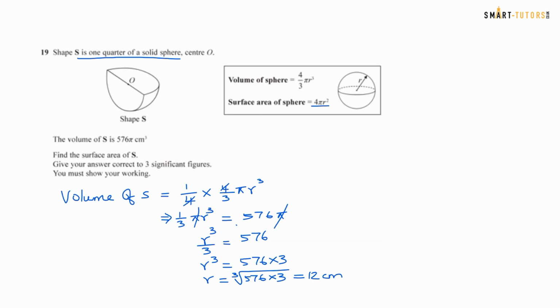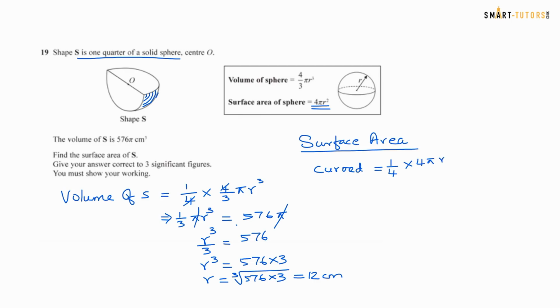Now they are asking to find the surface area of S. So the equation is 4 pi r squared. The shape is 1/4 of the full shape. So when it comes to surface area, there's a curved surface.